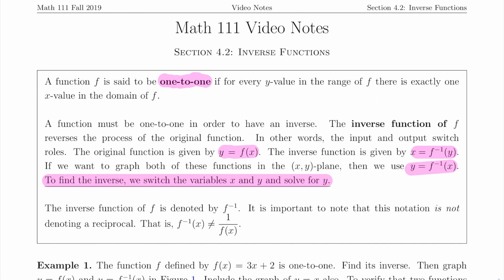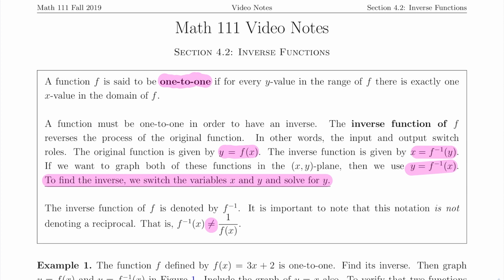That little -1 in the top right corner means that this is the inverse function. And it comes from the fact that division is the inverse of multiplication, but we are focusing for this notation on the inverse. It does not mean, and that's the last sentence here in the box, that it's 1 over f of x. So that's a very big thing to remember.